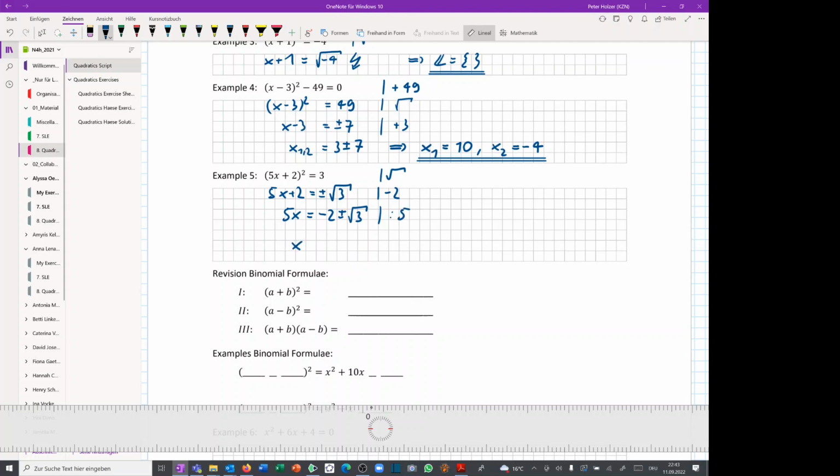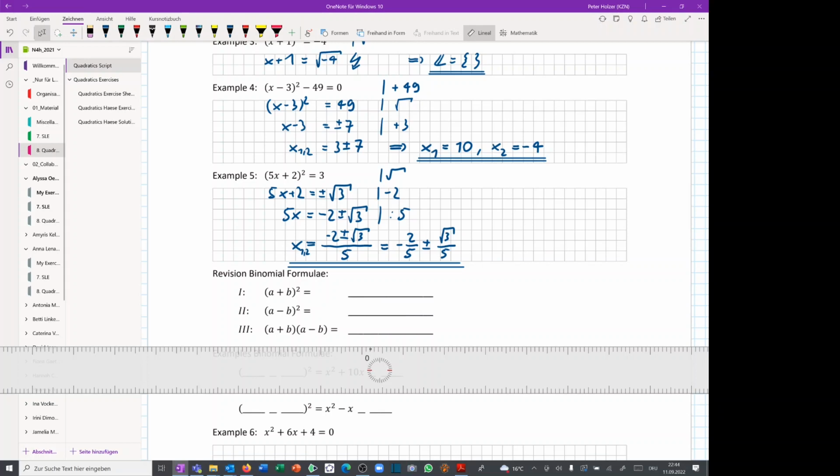So we get x1,2 equals minus 2 plus minus the root of 3, divided by 5. We can leave it like that, but nicer, it's minus 2/5 plus minus the root of 3 divided by 5.